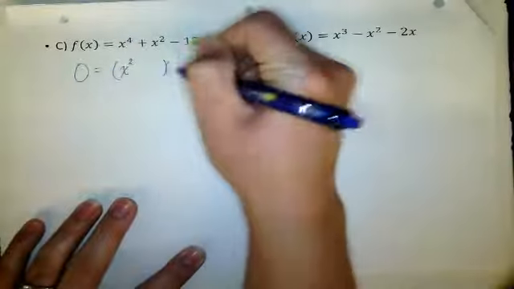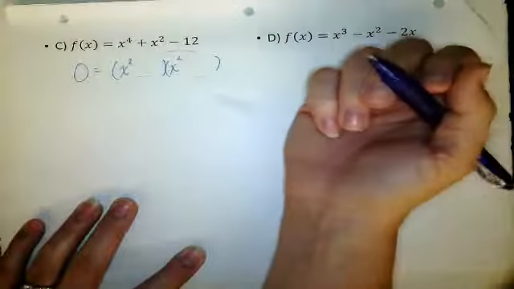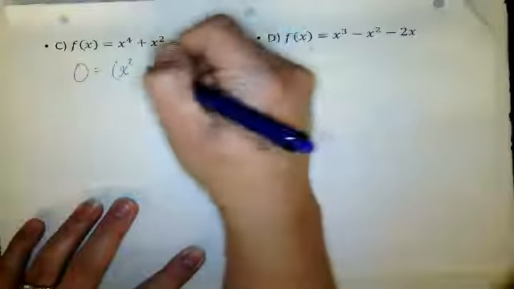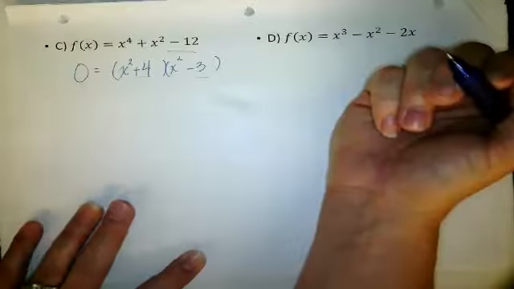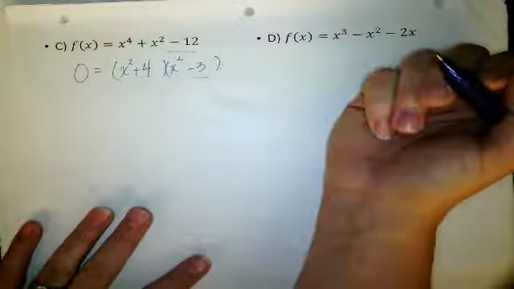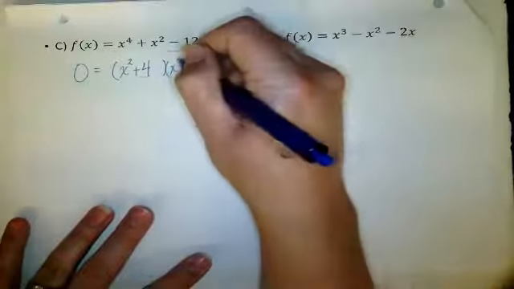Trinomial, try to factor. First times first is x to the 4th. What times what is x to the 4th? X squared times x squared. Good. And then last times last has to be negative 12. What times what is negative 12? Positive 4 and negative 3. Good choice. How do you know if you did that right? Rainbow. Check the rainbow. Good idea.